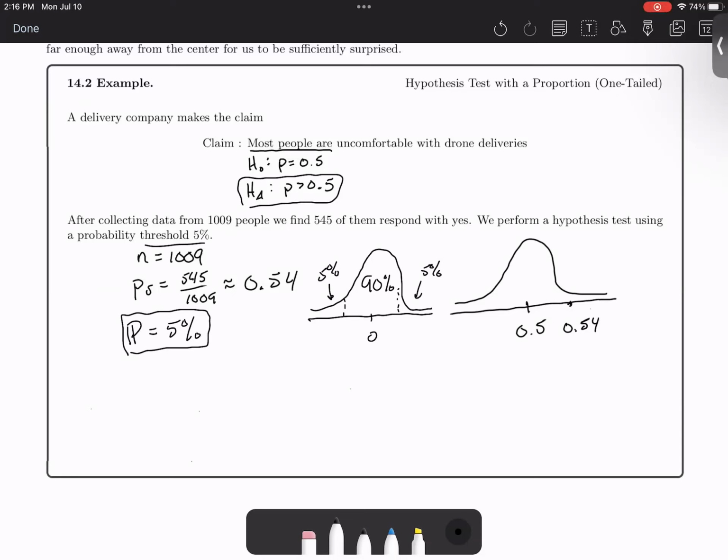So if I'm in the tail, then that means I'm sufficiently far away. My probability of occurring is less than 5%. I would be surprised and I can reject that center of 0.5.